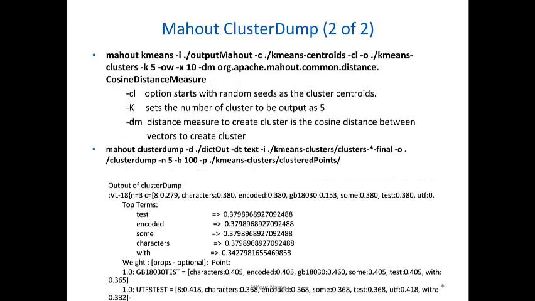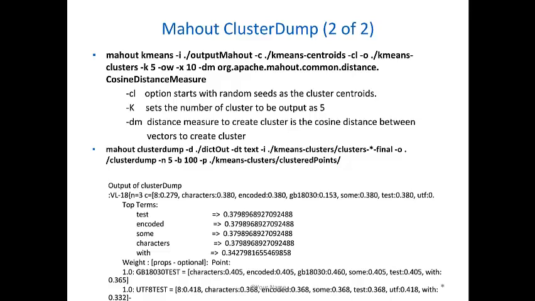Next, once we have these vectors, we can run a clustering algorithm. I've chosen k-means on top of Mahout vectors. Now, this command has some interesting command line arguments. The -cl basically tells Mahout that it's free to use random seeds as the cluster centroids.